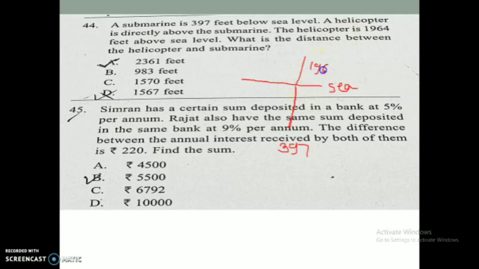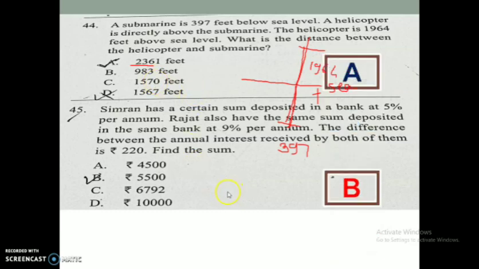As the answer for this question is the option A, 2361 feet. Option A.